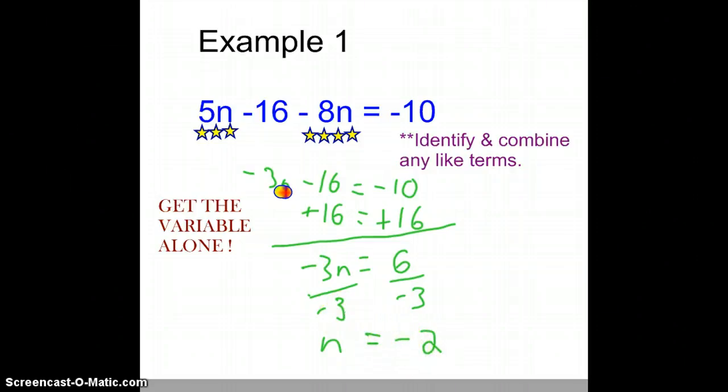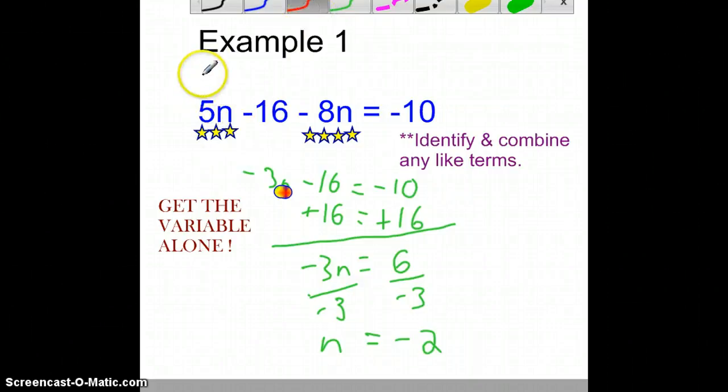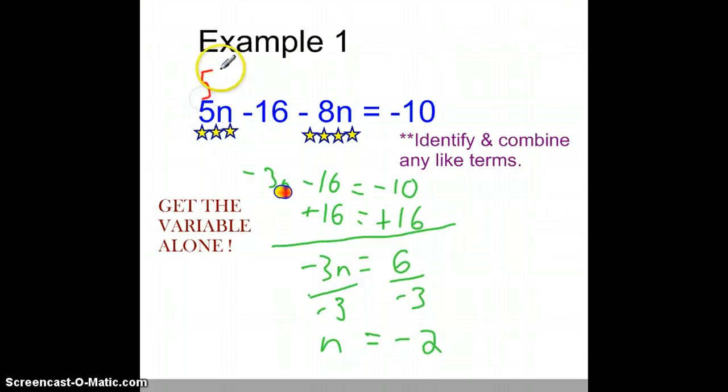If we go back and check it, we have 5 times negative 2 minus 16 minus 8 times negative 2.